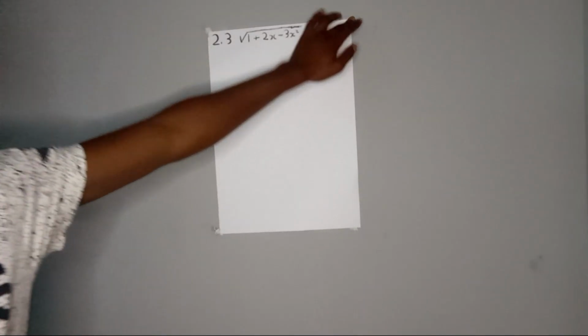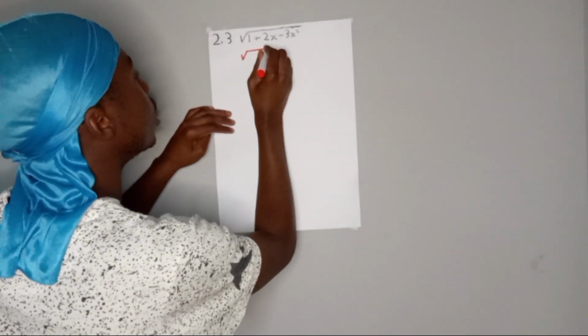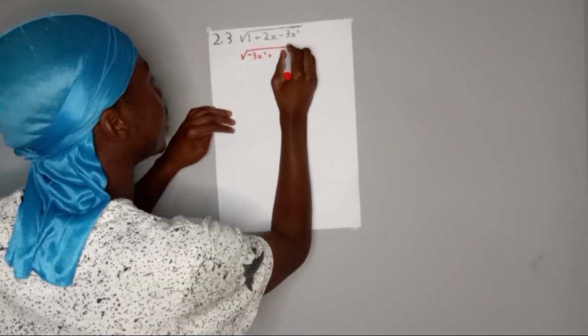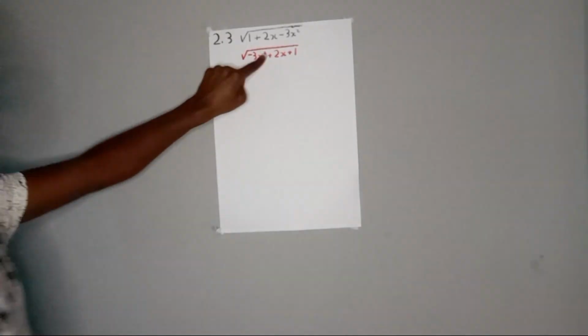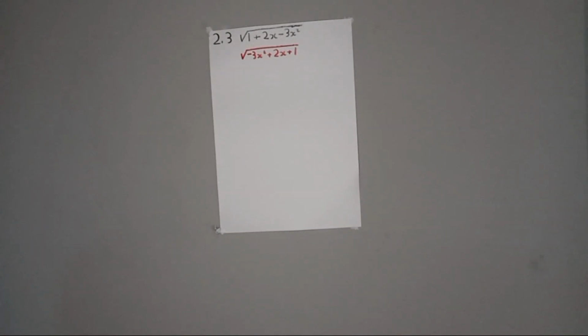Write it in normal trinomial form. So let's do that. We're going to get minus 3x squared plus 2x plus 1.